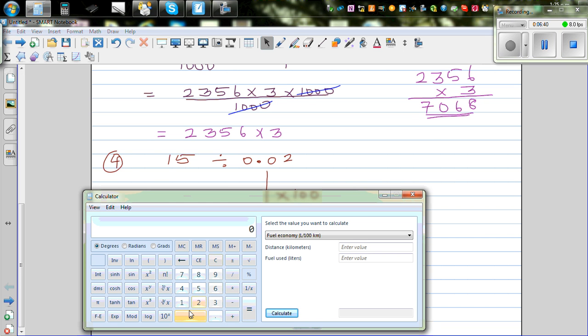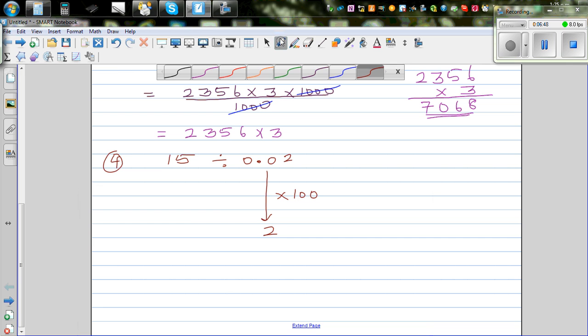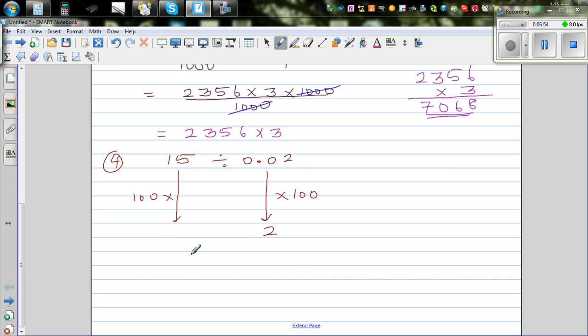You can check that: 0.02 times 100 gives you 2. So if you make this 100 times bigger, this has also to be made 100 times bigger. So this is 1500 divided by 2, which is 750.